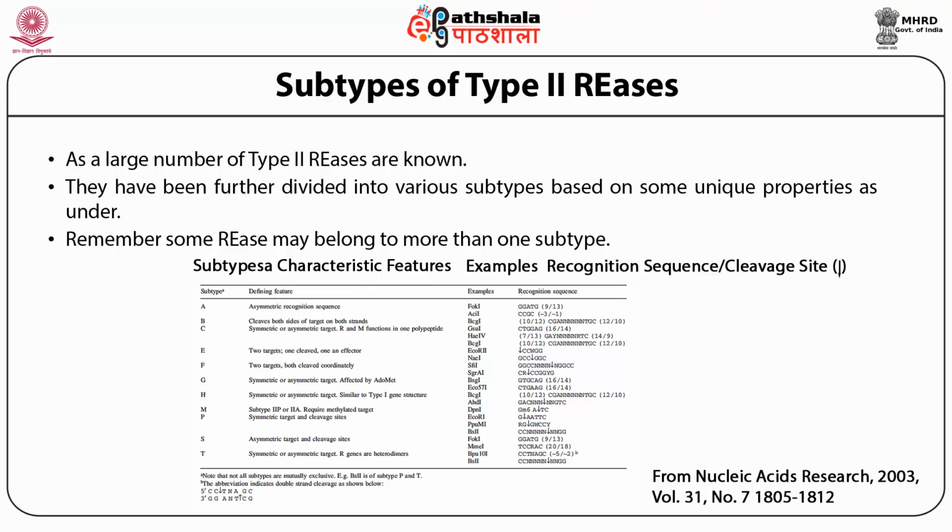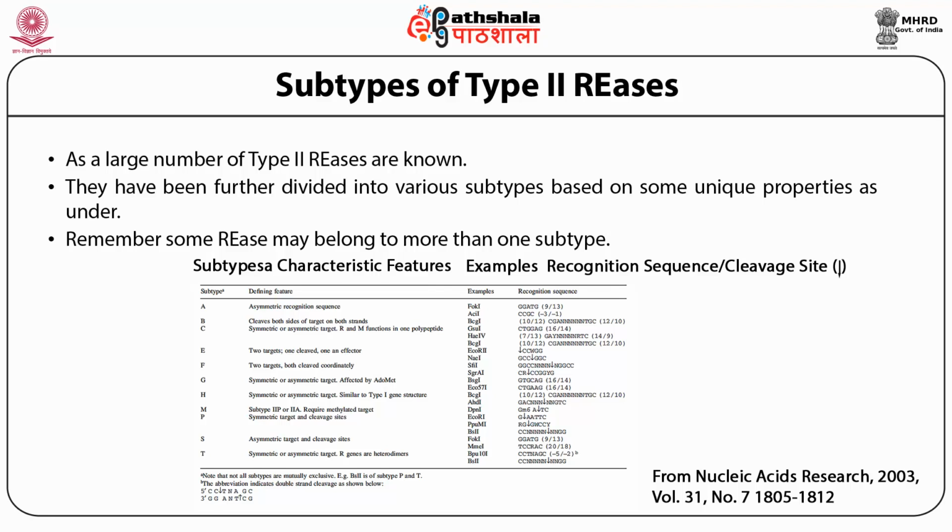Subtype C recognizes symmetric or asymmetric targets, and the restriction and modification functions are in one polypeptide chain. Subtype E usually recognizes two targets; when both of them are together, they cleave one target while the other target acts as an effector.